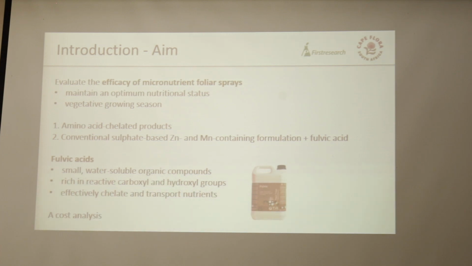So the aim of this study was to look at the efficacy of micronutrient foliar sprays. If we spray it, do we see anything happening in the first case? So is there uptake, or are we just spraying something and it's not really doing anything? To maintain that optimum nutritional status during the vegetative growing season.